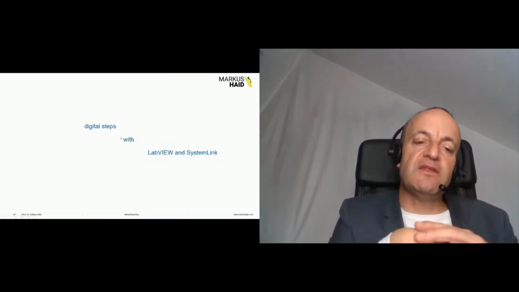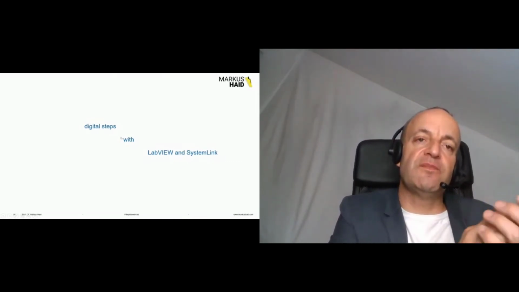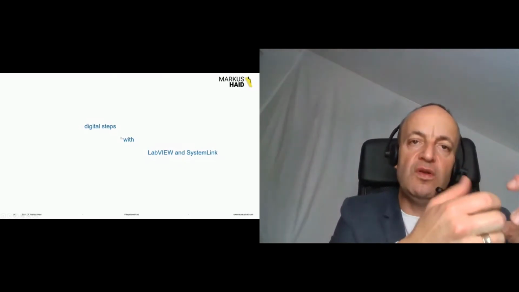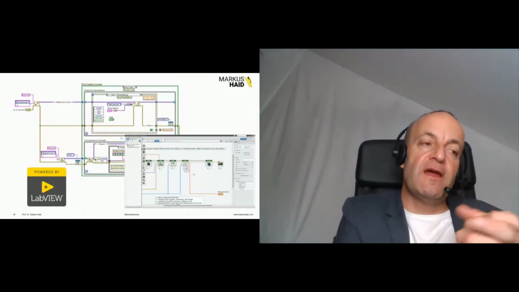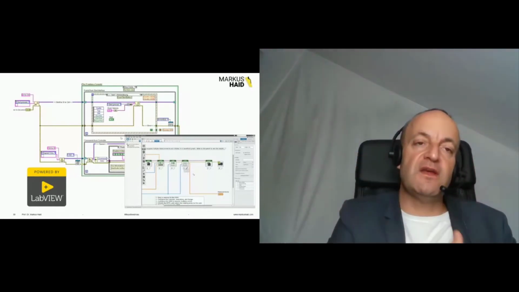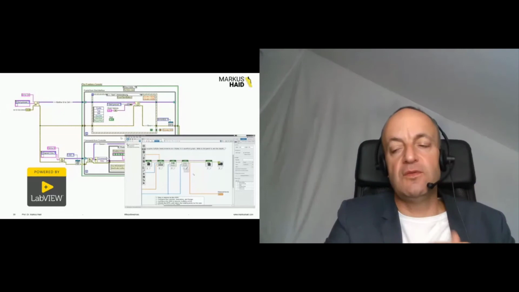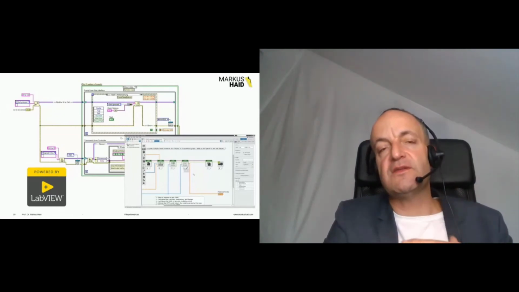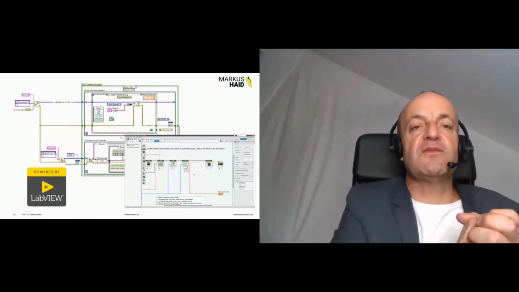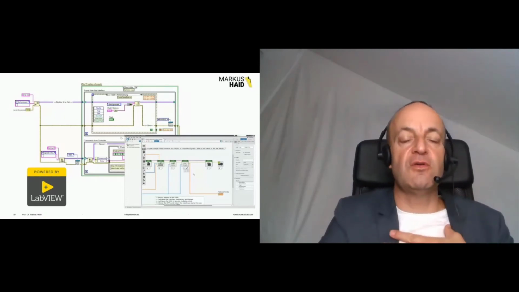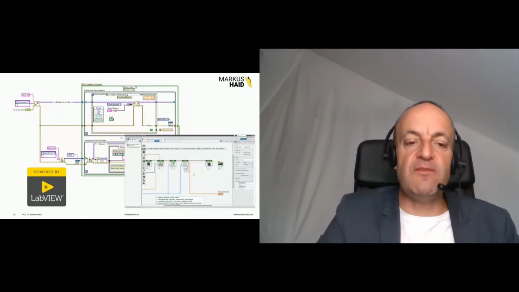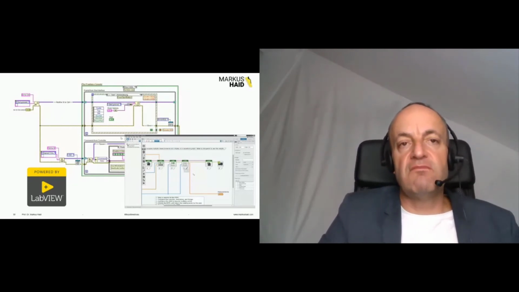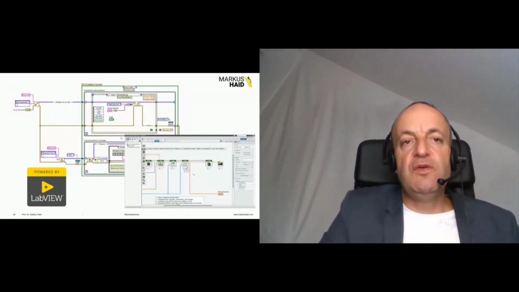And therefore, I think LabVIEW is a good tool, and you are experts in these tools, so you could also extend your portfolio to say you consult companies also in these Internet of Things topics, or you could take care of this in your own company. For example, in LabVIEW, you could integrate new sensors for condition monitoring projects.